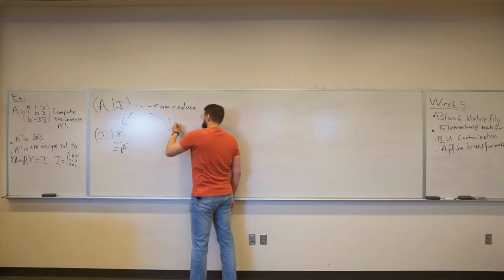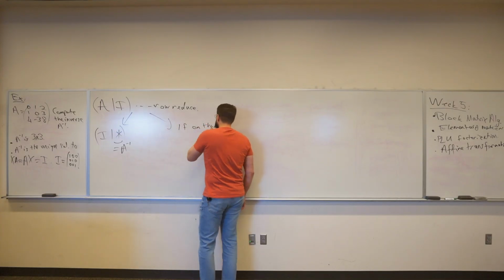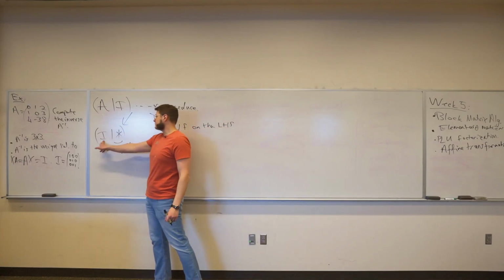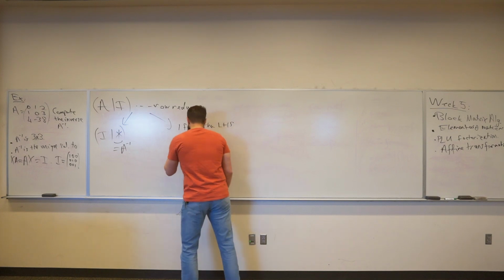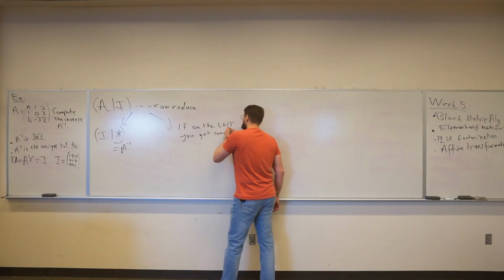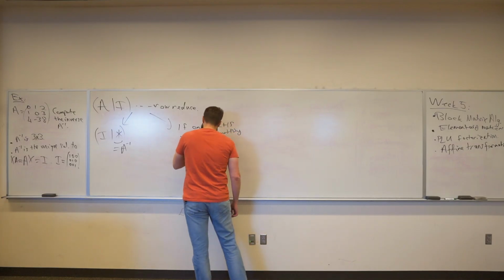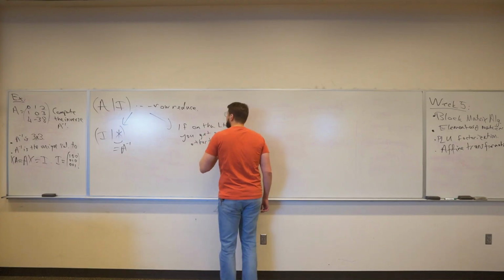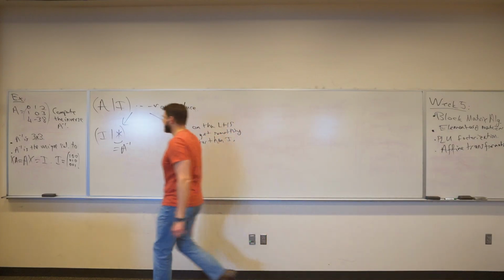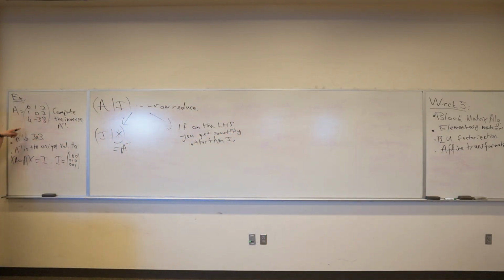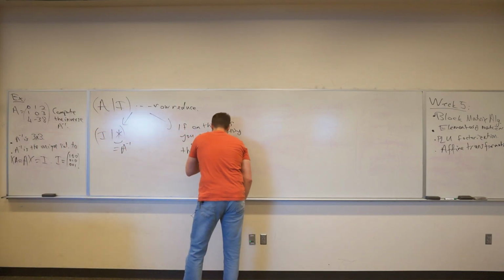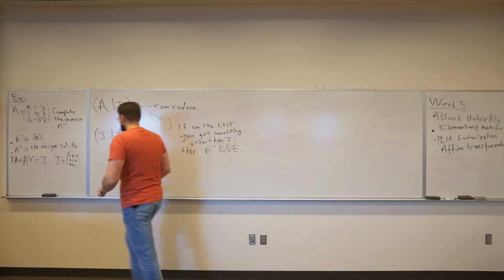Otherwise, if on the left-hand side you do everything you can and you end up with something other than I, which means, if you think about it, the rank of A is less than 3, then it's not invertible. In other words, A inverse doesn't exist.